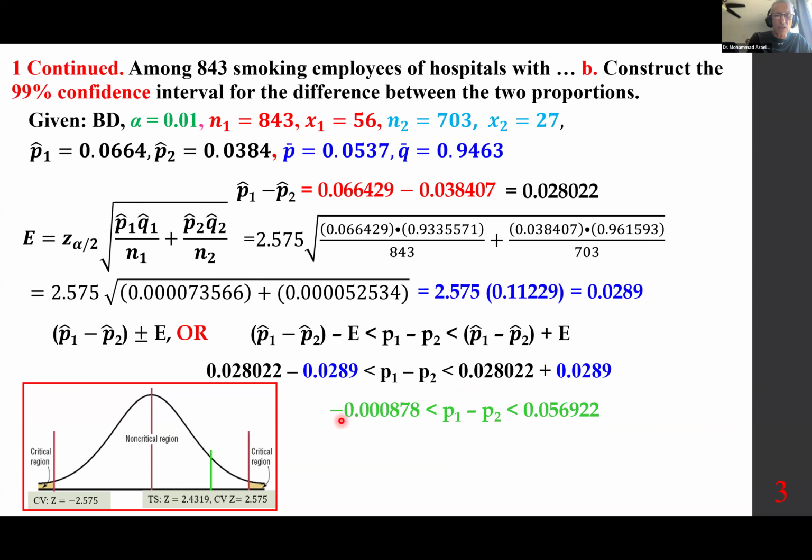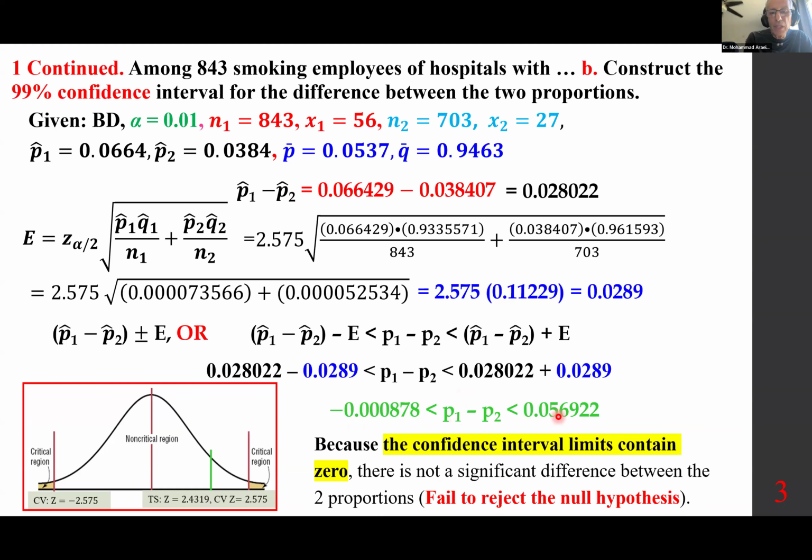And as you notice, one side is negative, one side is positive, which means it contains 0. Because the confidence interval limits contain 0, there is not a significant difference between the two proportions. Fail to reject the null hypothesis. If both of them are negative or both of them are positive, then we reject the null hypothesis.